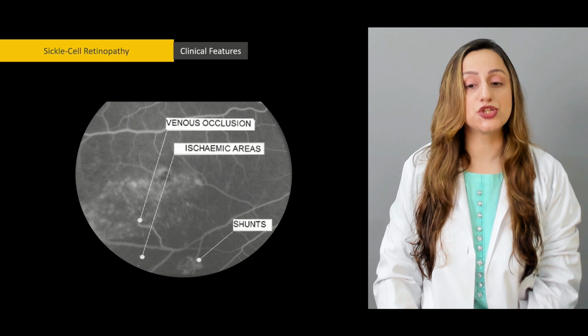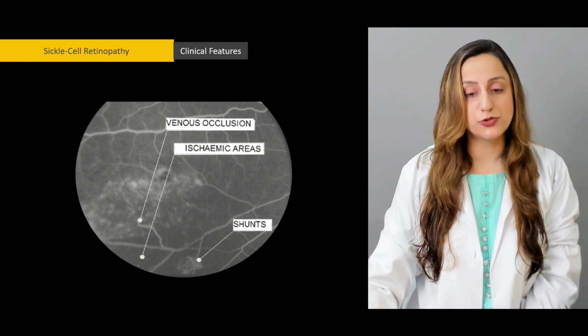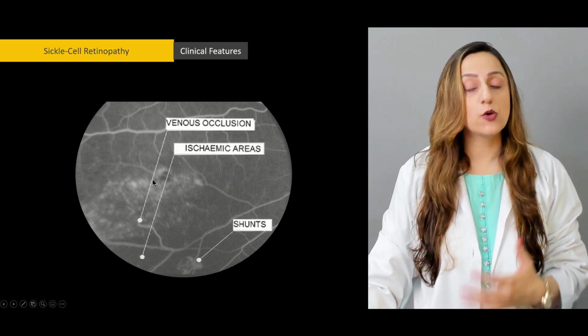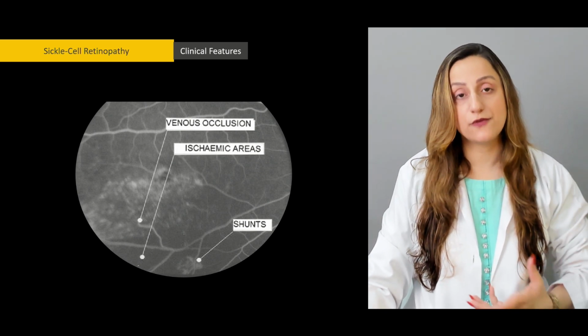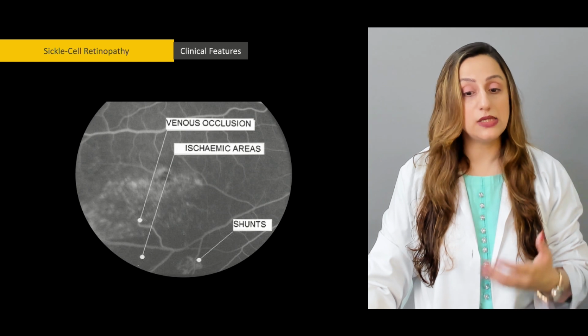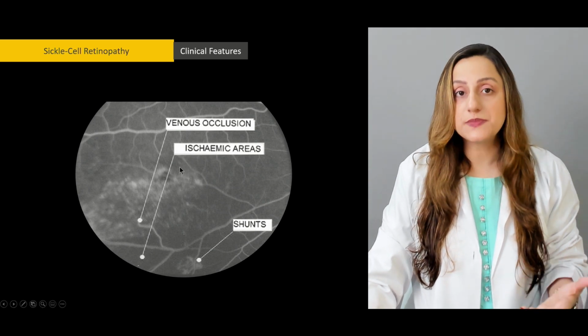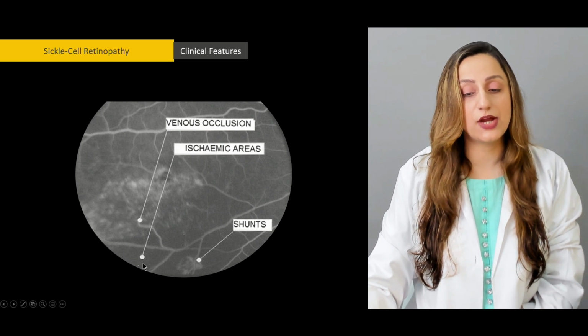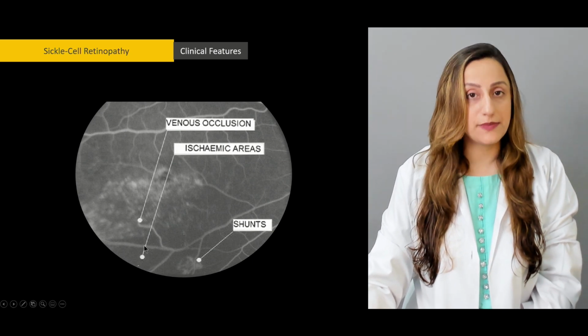The peculiar clinical feature of this condition would be venous occlusion. Obviously, these sickle cells are clumping in nature. They can form clumps in the veins, they can form clumps in the arteries, and finally these clumps can lead to areas of ischemia.